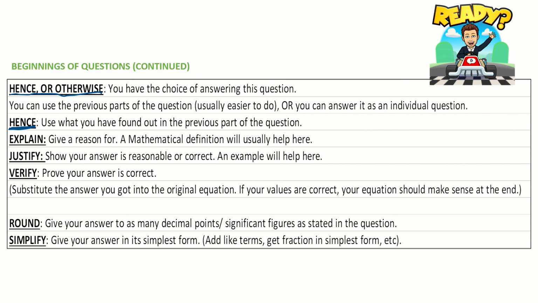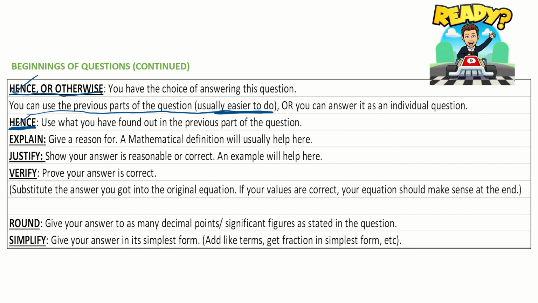So if it says the word hence, you have to use what you used in the previous part of your question to get your answer. If it says hence or otherwise, then you have an option. You can answer that part of the question whichever way you want to. And just what I've written here, if it says hence or otherwise, you can use the previous parts of the question. That's usually easier to do.